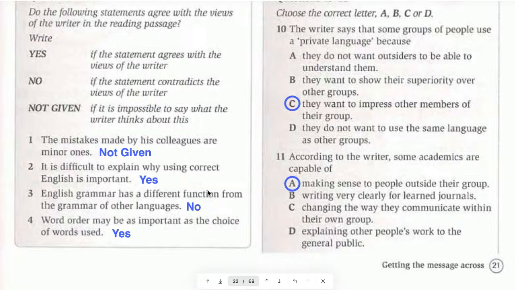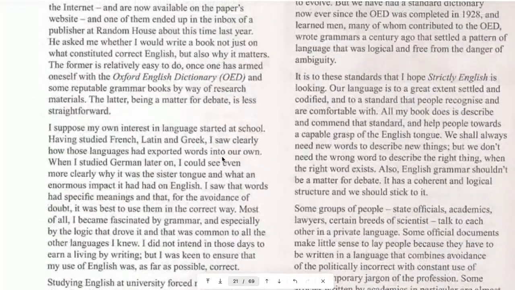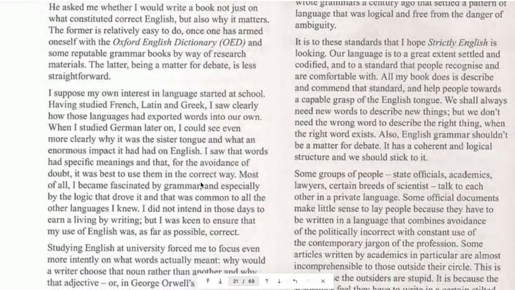Anything you make incorrectly, then please fix that. So English grammar has a different function from the grammar of other languages, and the answer is no. Now tell me where we can find the information. Paragraph 2, line number 6 from the bottom. 1, 2, 3, 4, 5, 6.